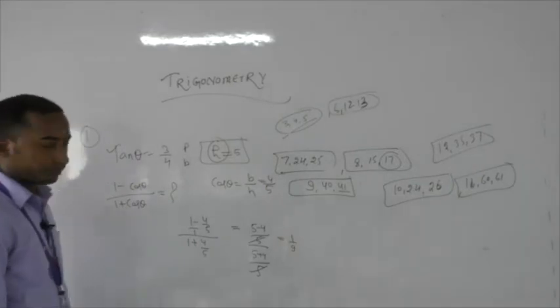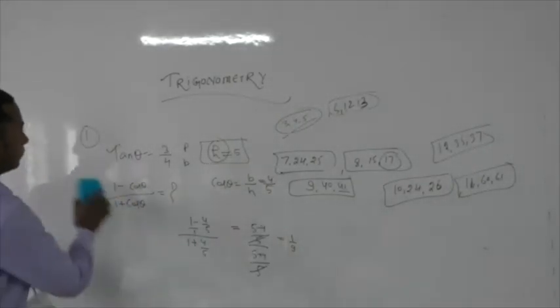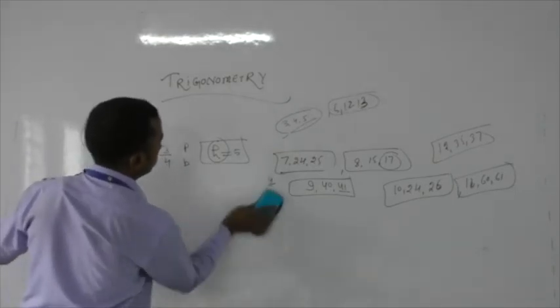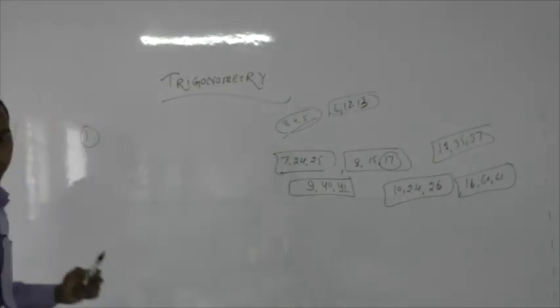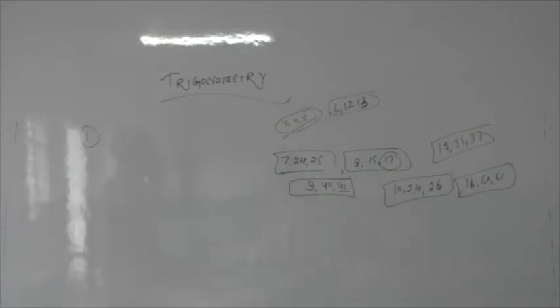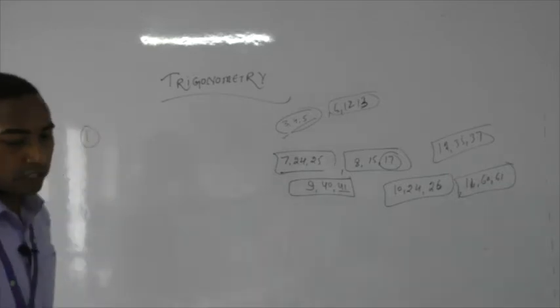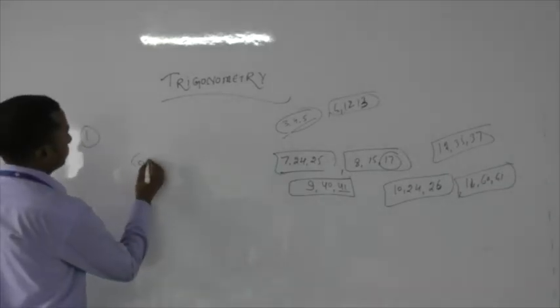Okay. Now next question based on the concept. Next question, cosec theta is equal to 13 by 12.